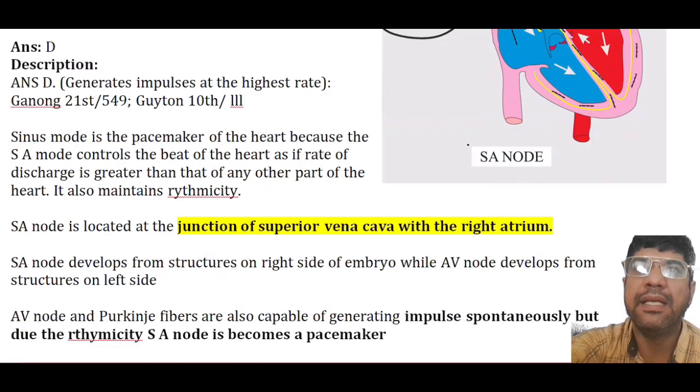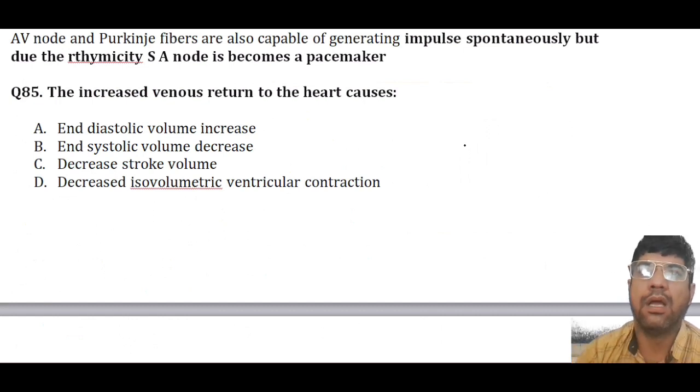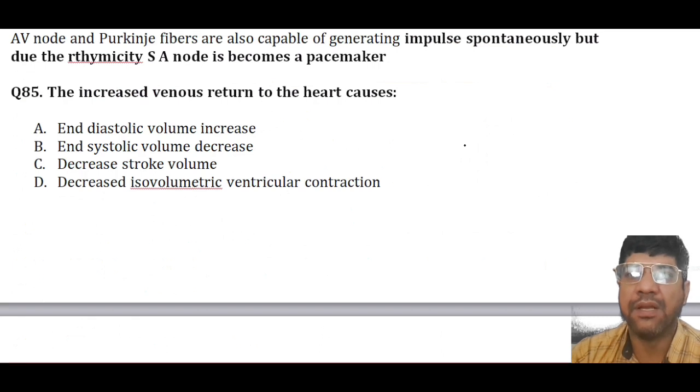Increased venous return to the heart will cause an increase in end diastolic volume. End diastolic volume is the amount of blood in the ventricles of the heart at the end of the filling phase, just before they contract during systole.